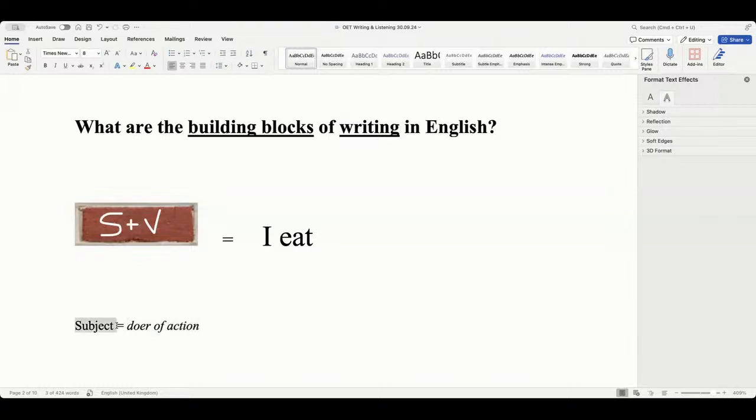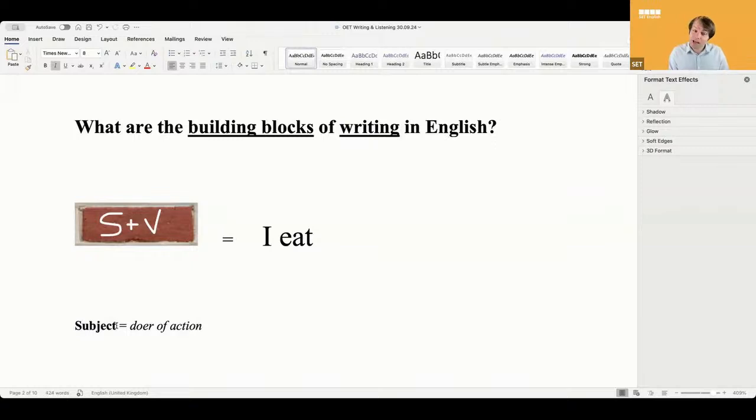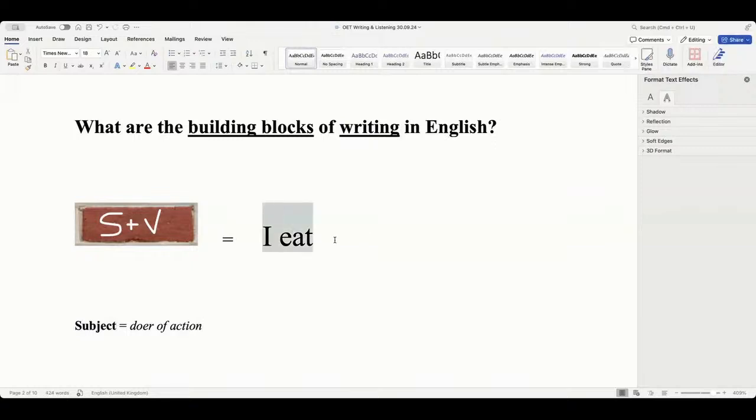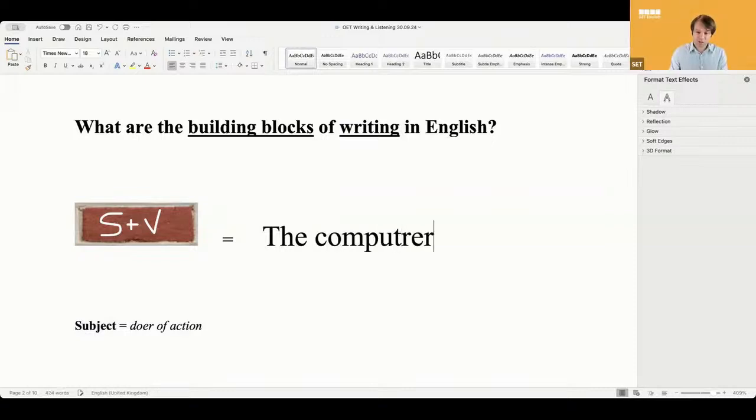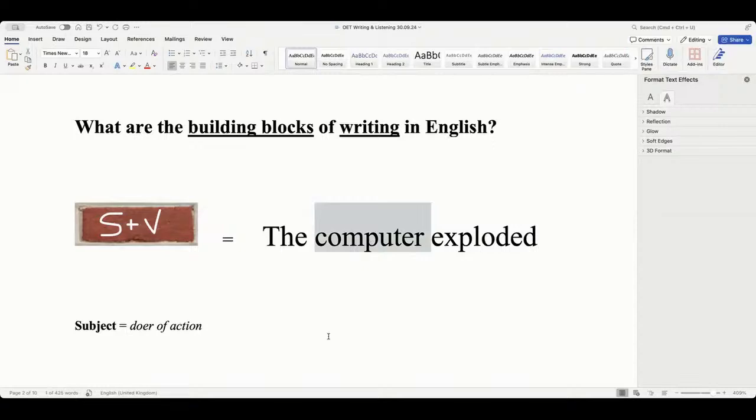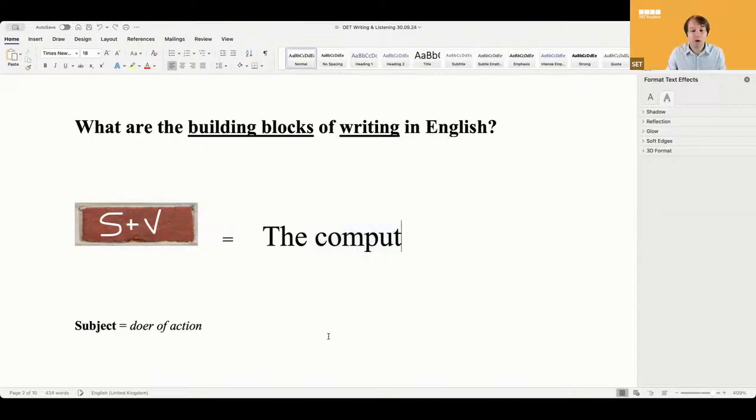Yeah, it can be a person or it can also be a thing as well, right? So it's not always who. I could say the computer exploded. Is this who? It's what did the action, right? So let's just say the doer of the action. Is that what a subject is?